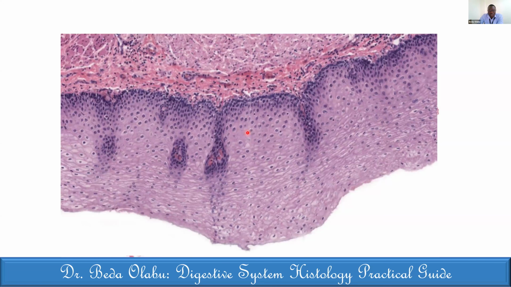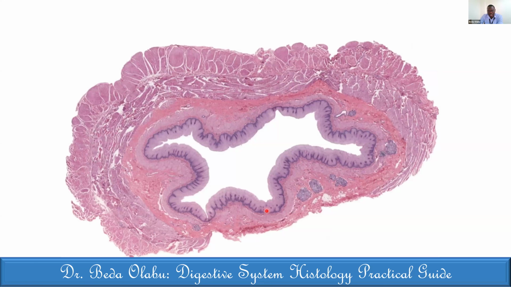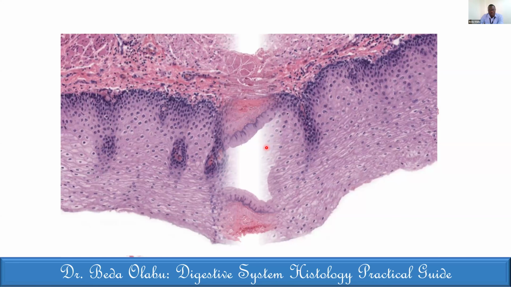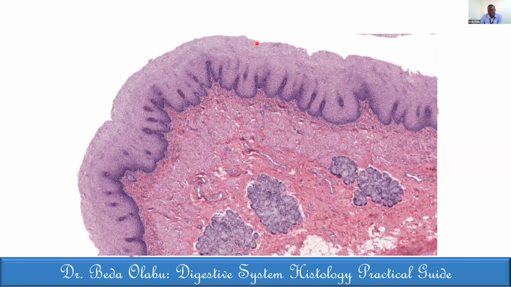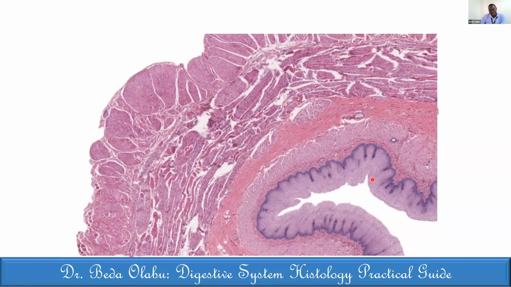I confirm to you esophagus because you can see the epithelial lining is stratified squamous, non-keratinizing epithelium there. And at this magnification, you can see the submucosal glands again present. This still shows you the esophagus, the epithelial lining characteristic, and the submucosal glands. And that is still esophagus, the same slide.